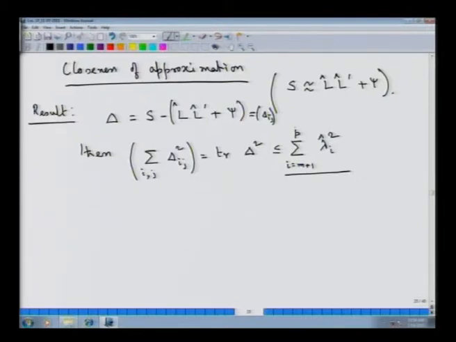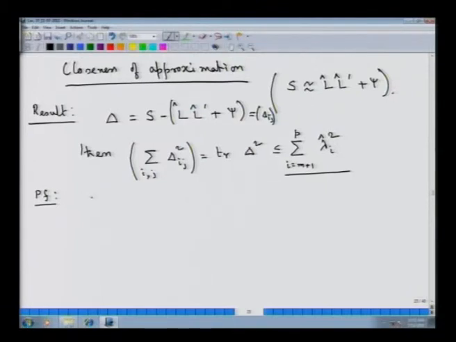So, the result states that the summation over ij of delta ij squared is less than or equal to the sum over i equal to m plus 1 to p of lambda i hat squared. The first thing that we will do in this lecture is to prove this result, which gives us a bound on the approximation we get from the principal component method.